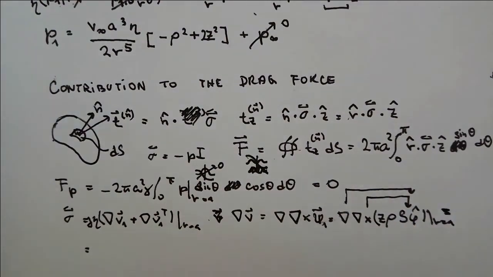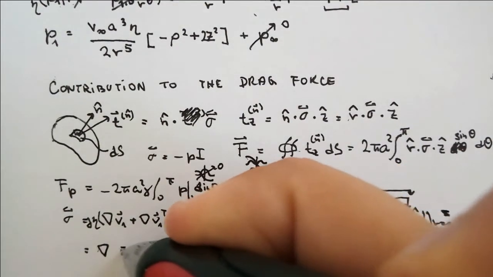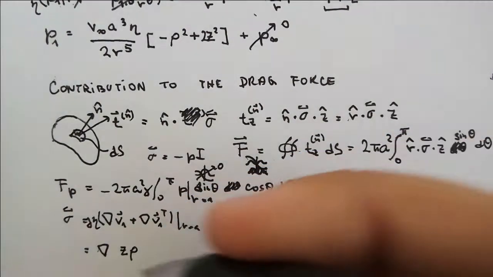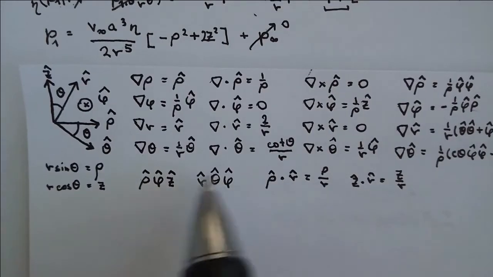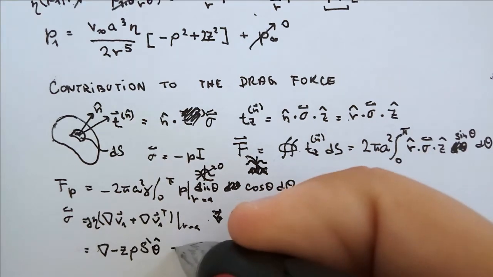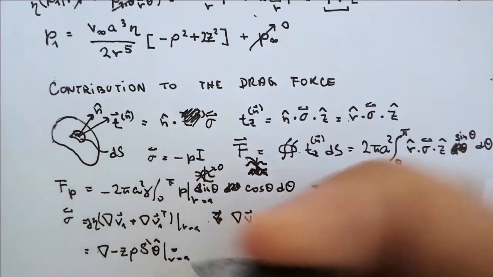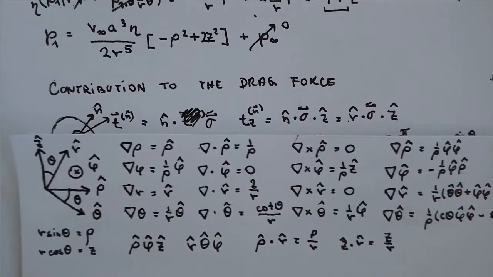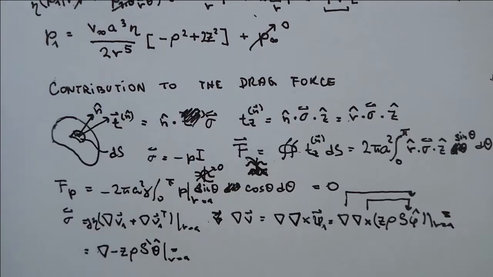So this is the gradient of z rho times s prime times r hat cross phi hat, which is r hat cross phi hat is minus theta hat, so it's minus theta hat, and the gradient of this is going to be, at r is equal to a, we have to take the gradient of not this because it's complicated.